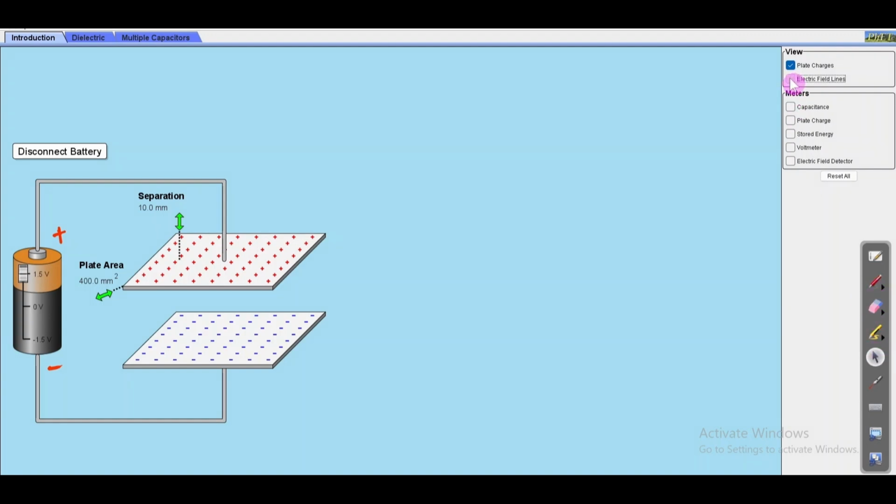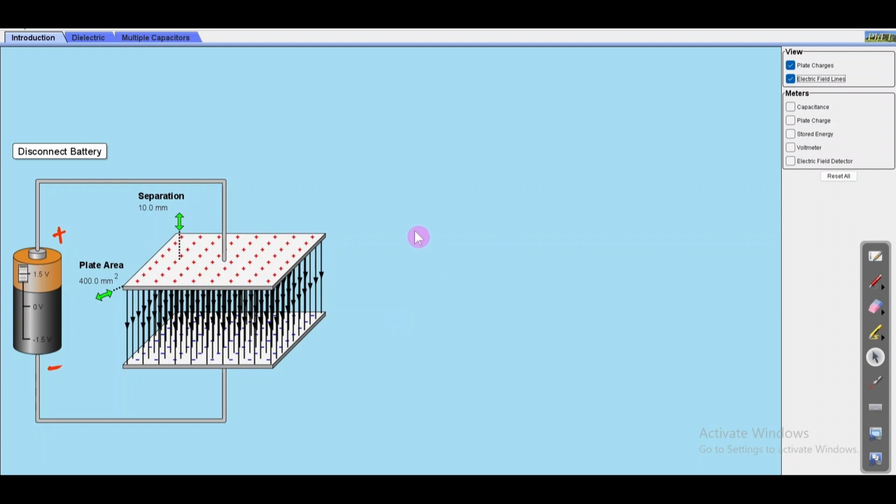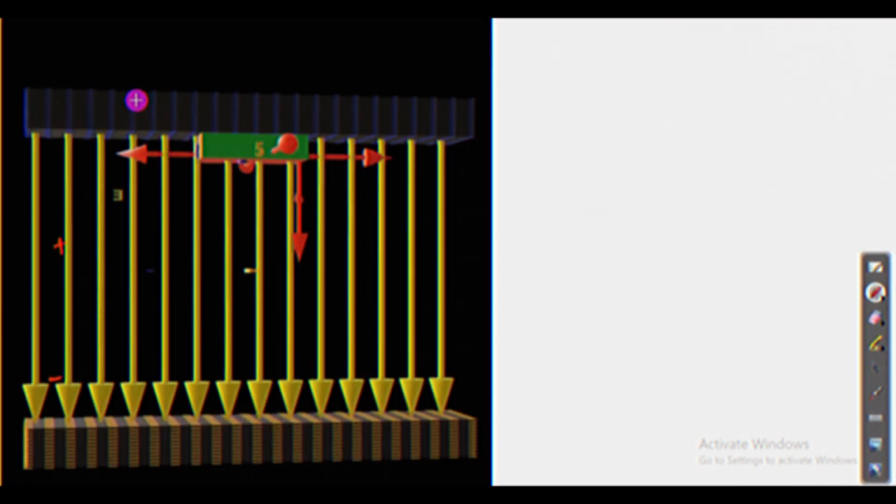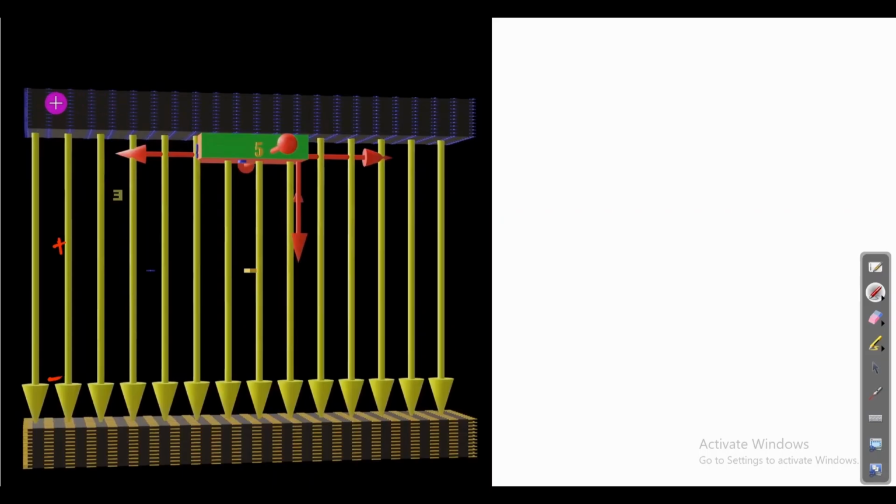Here if I click on this button, a large number of electric field lines will be directed to the lower plate, because on the upper plate there are positive charges, and these electric field lines originate from the positive charges and terminate on the negative charges. This is a long plate which contains a large number of positive charges, just like we saw before in the case of the capacitor.